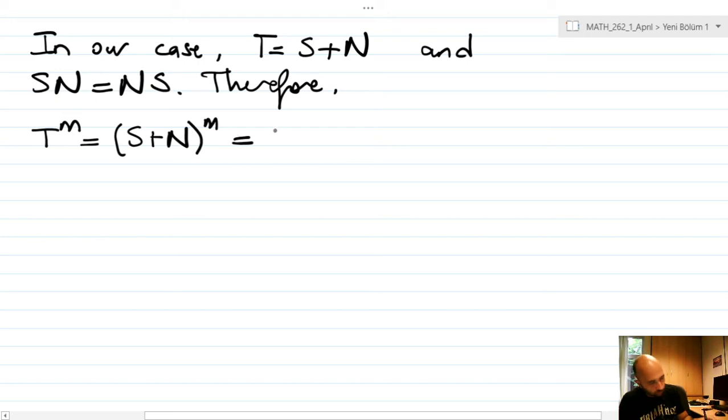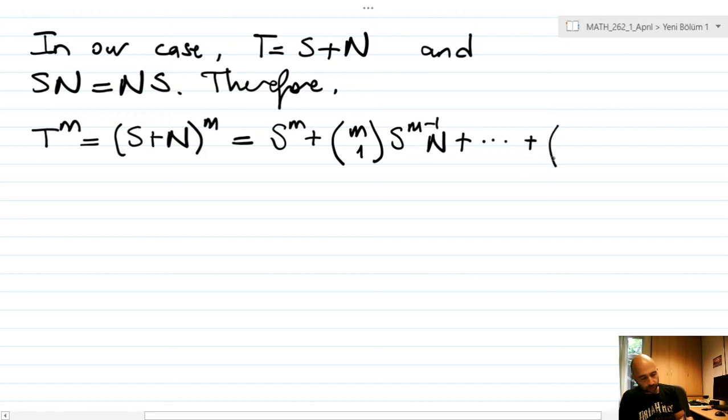So you could do S to the m plus m choose 1, S to the m minus 1, N, plus so forth, all the way up to m choose m, which is 1 of course, times N to the m, right? So just like in algebra where you're doing binomial expansion.